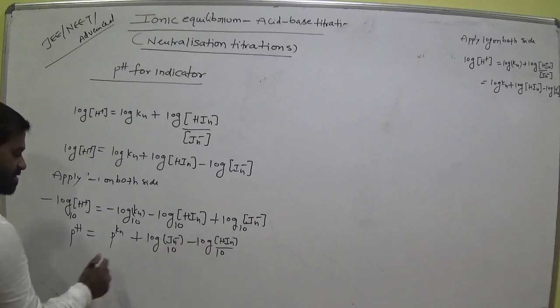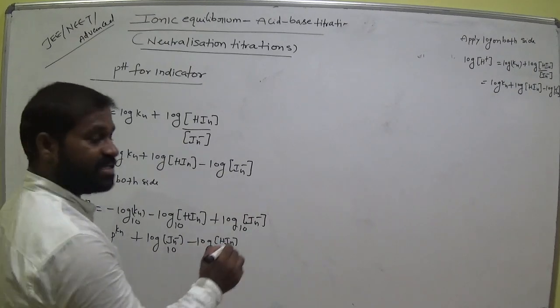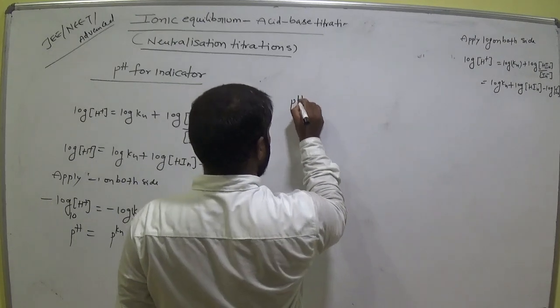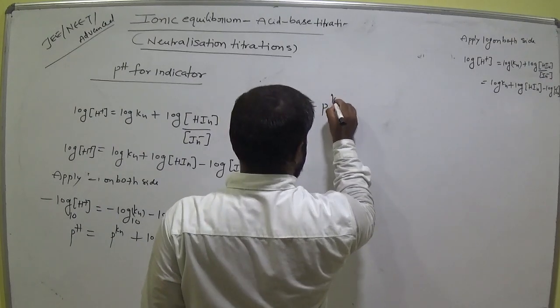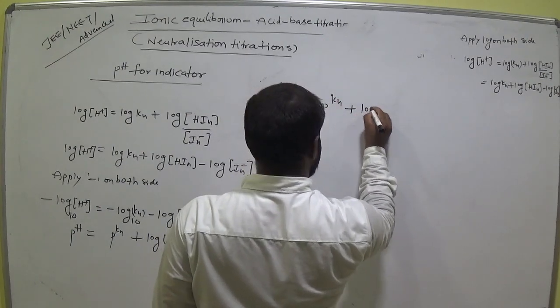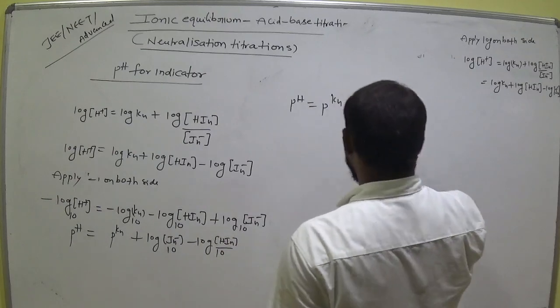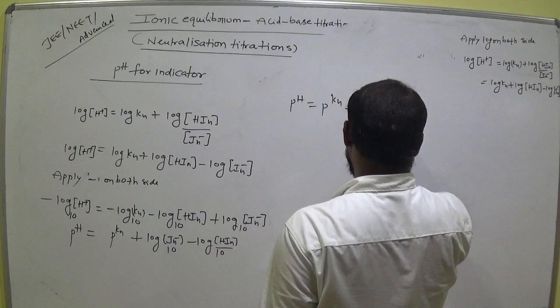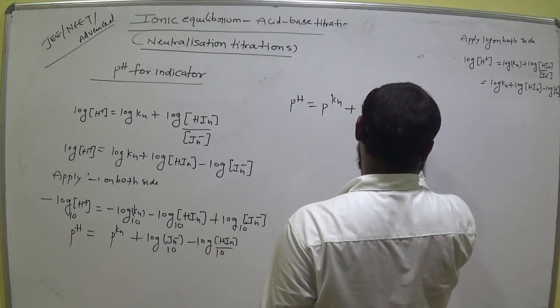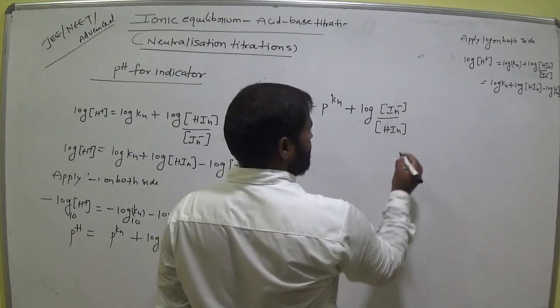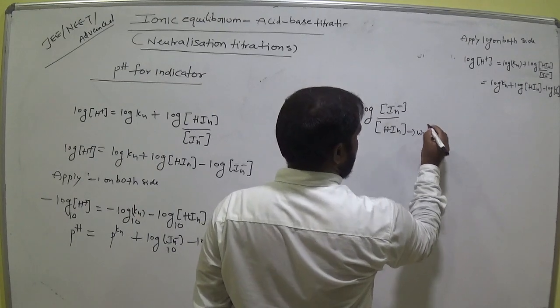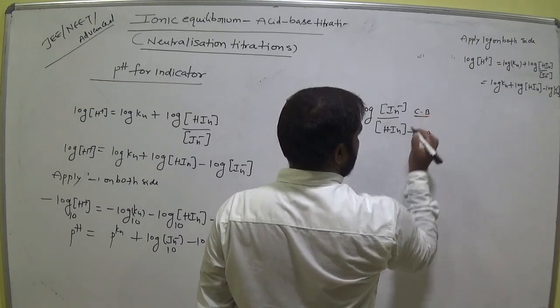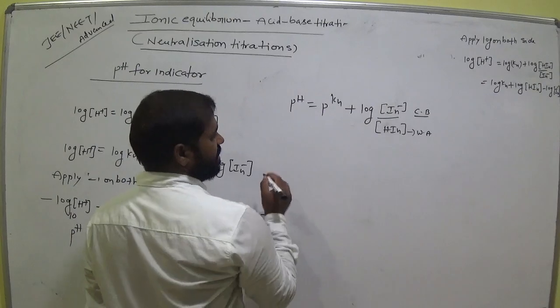Now log A minus log B, how can we write this? pH is equal to pKin plus log A by B. That means log of In minus by HIn, am I right? Clear? This is the weak acid and this is its conjugate base, am I right? Conjugate base, remember this.